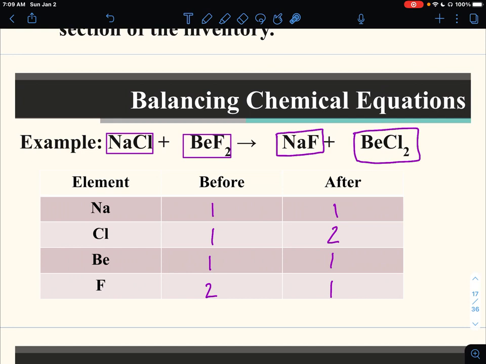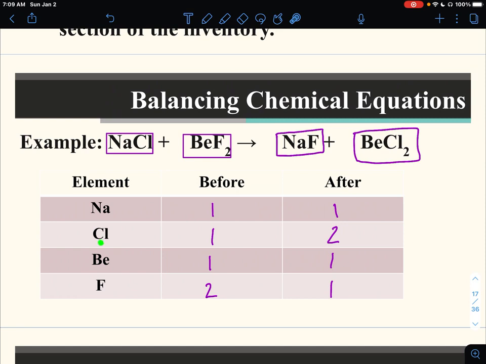The trick is that you can only change coefficients. So watch what happens. I notice that Cl is not balanced here. These two numbers are not the same, okay? So what I will do, and all you're allowed to do is multiply, what I would do is, okay, I need to multiply this by 2 to make them match, right?